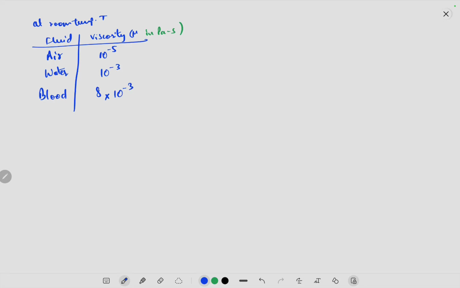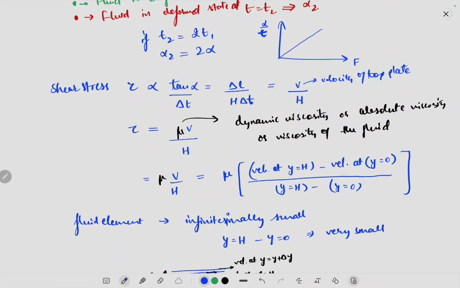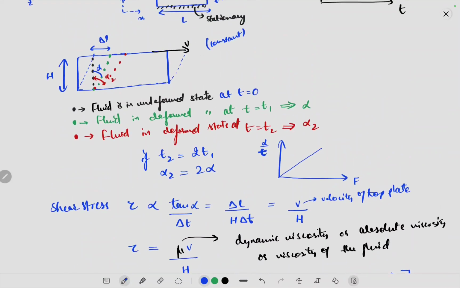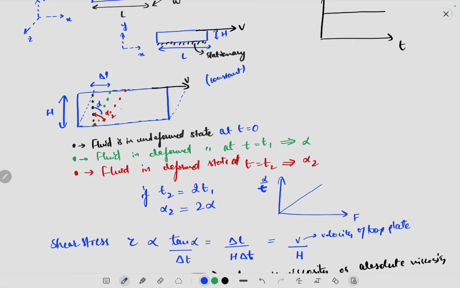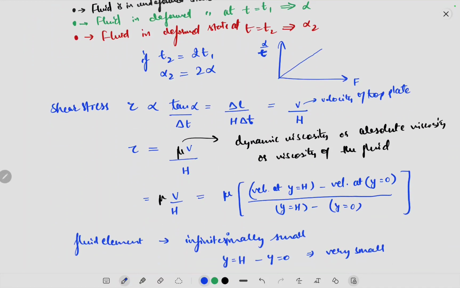Now during this derivation we assumed that during the shearing of the fluid, when a velocity v is there for the top surface of the fluid, this mu value remains constant.